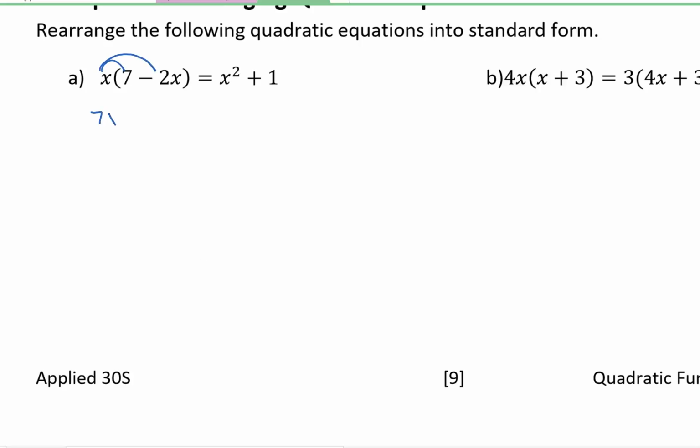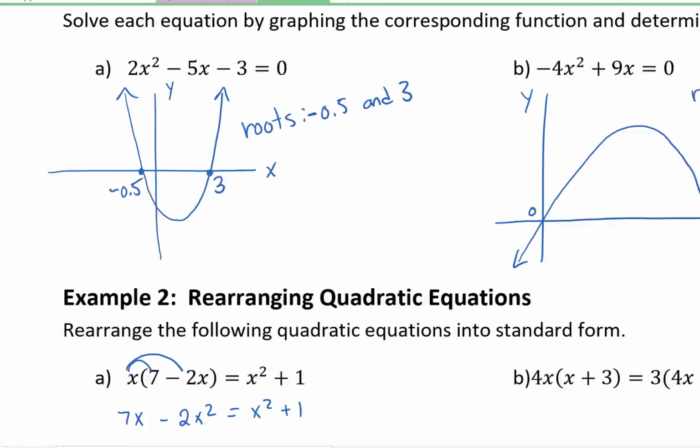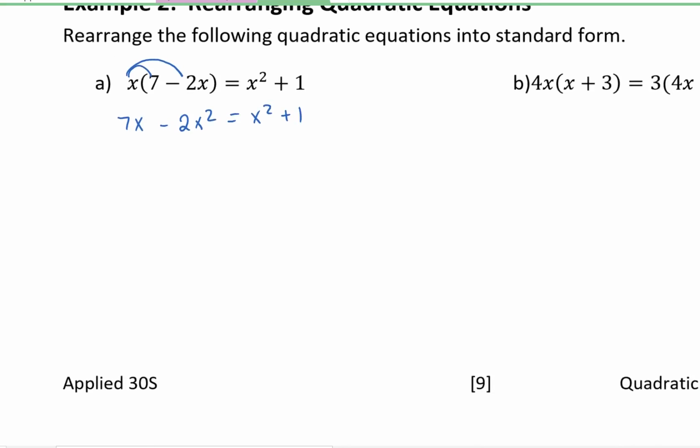So we've got 7x minus 2x squared is equal to x squared plus 1. Now you want to gather all of your values on one side to be left with 0 on the other side, very much like we did in our previous examples. In my case, I'm going to move everything to the left.